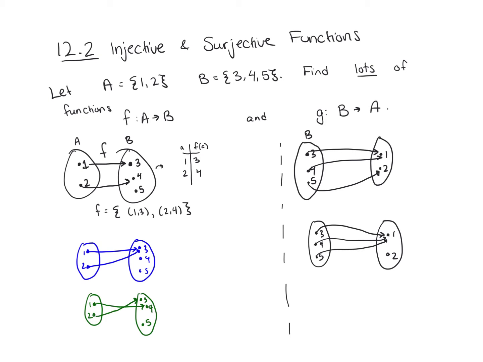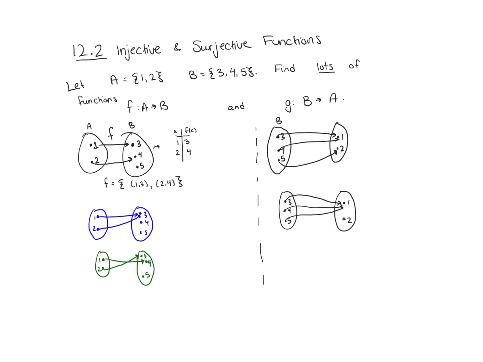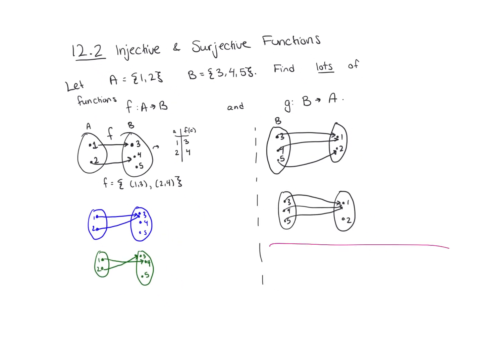Okay, so let me draw a couple things that aren't functions so we can see what those look like as well. So what's going to make it not be a function? Let's say I'm going from B to A. I could say that 3 goes to 1, 4 goes to 2, and then just have 5 go nowhere.